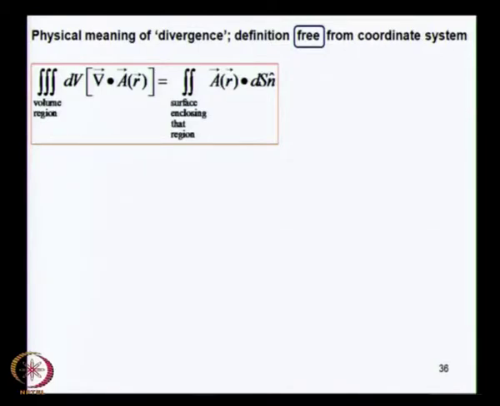Okay. And this mathematical equation, which we now know is correct, we have actually seen that it is correct.